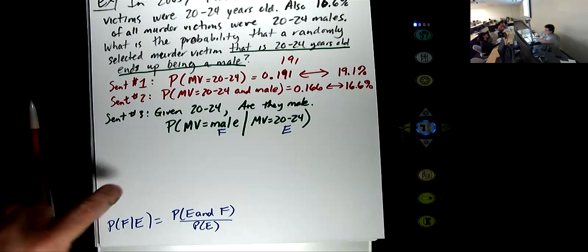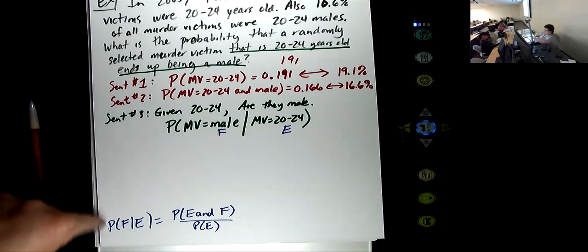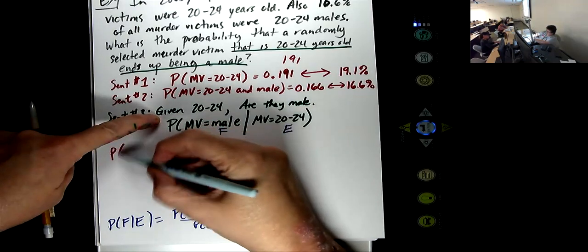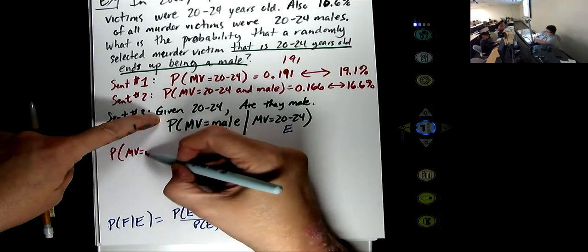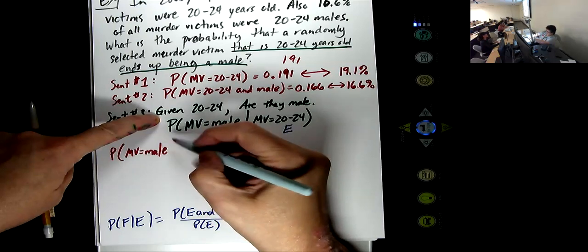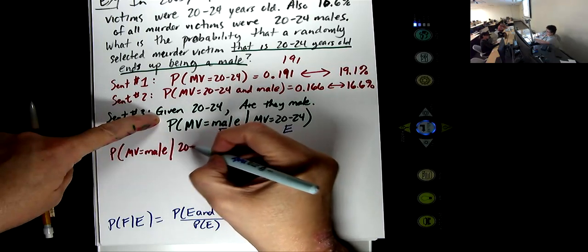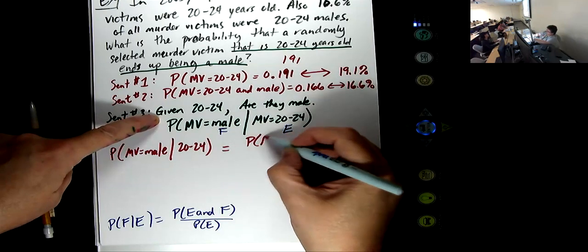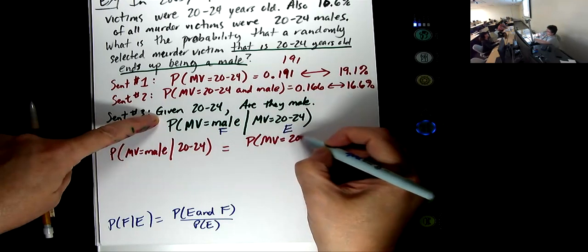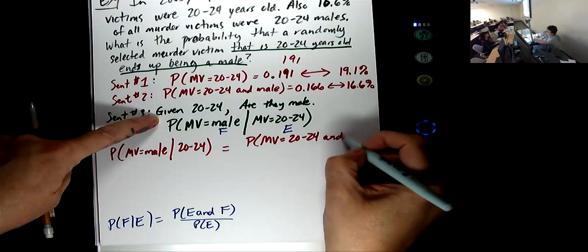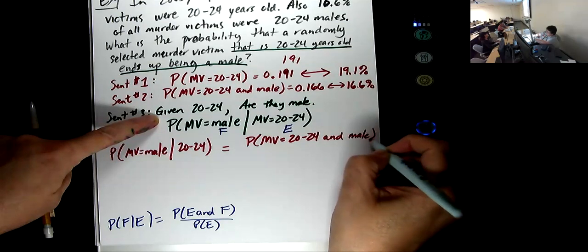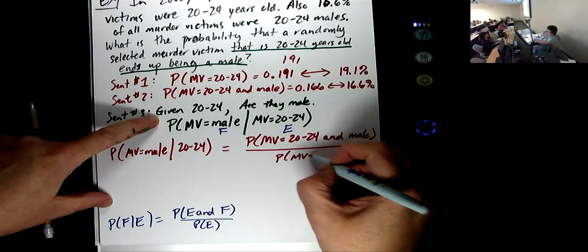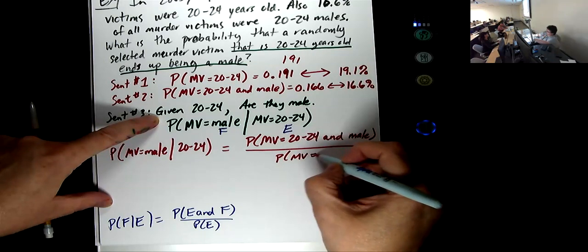So if I want to write this equation in terms of this information, I'm doing probability that the murder victim is male, given that they were 20 to 24 years old, equals probability the murder victim was 20 to 24 years old and male, divided by the probability that the murder victim was 20 to 24 years old. That's just E.